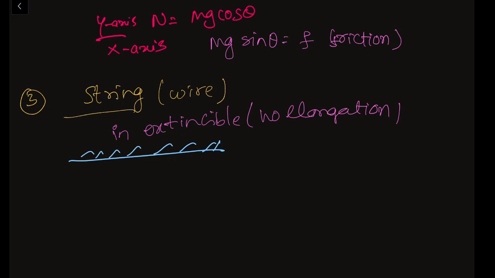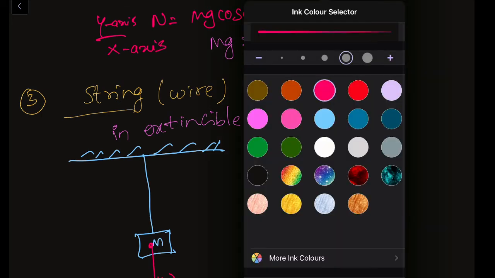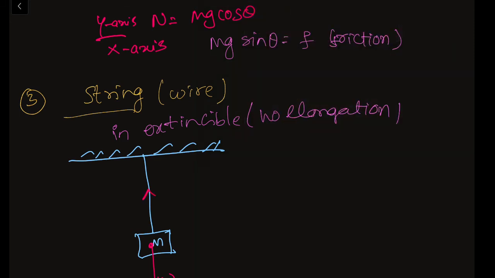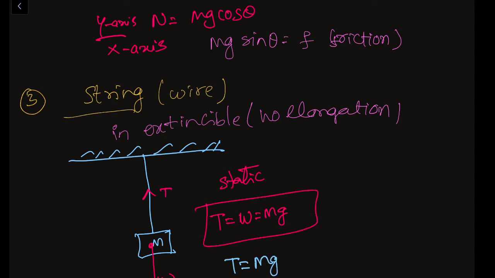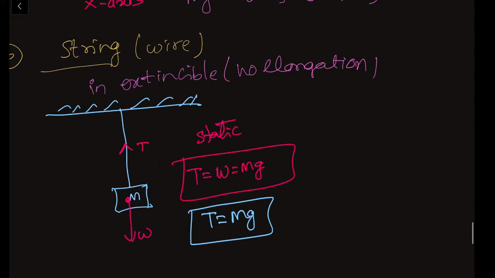We take one string with a mass. Because of the mass, weight W is acting downward, and because of the string, tension is developed. In the static or equilibrium condition, we write T is equal to W equal to mg.